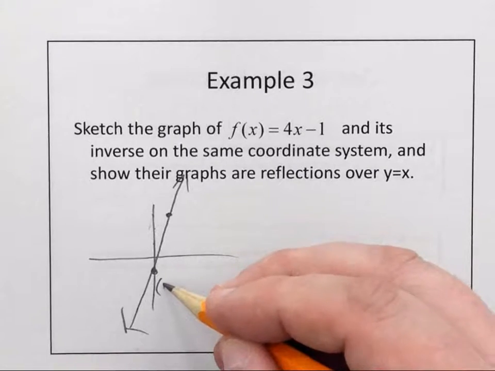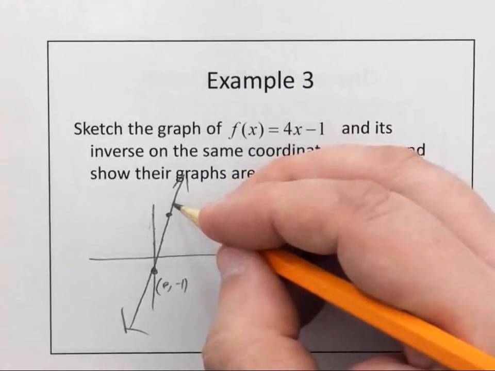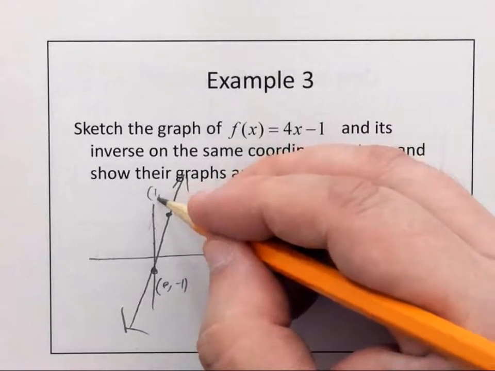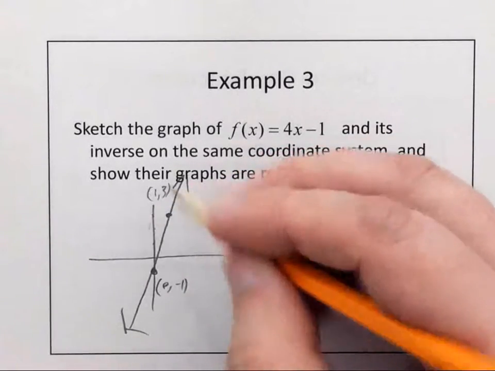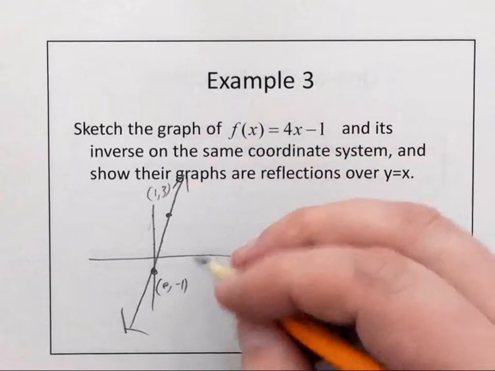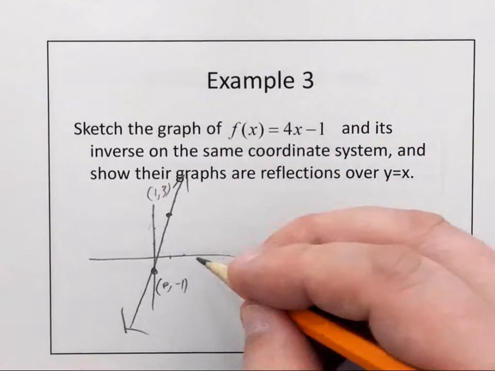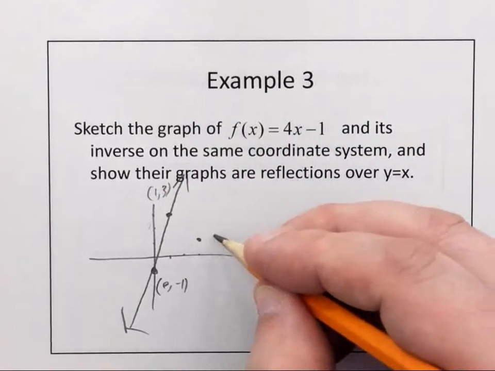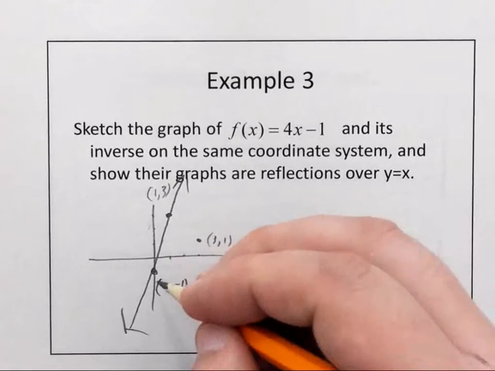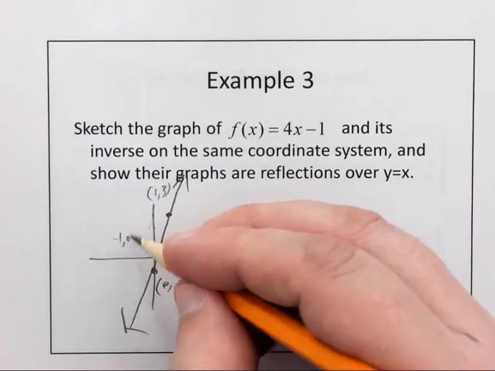So this point is at 0, negative 1. This point is at 1, 3. So I'm just going to swap those. 1, 3 becomes 3, 1. And 0, negative 1 becomes negative 1, 0.